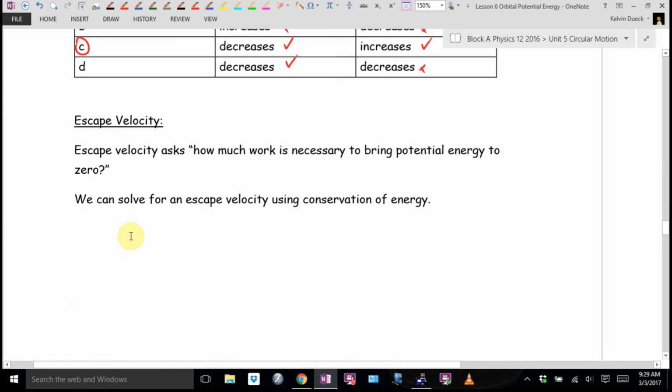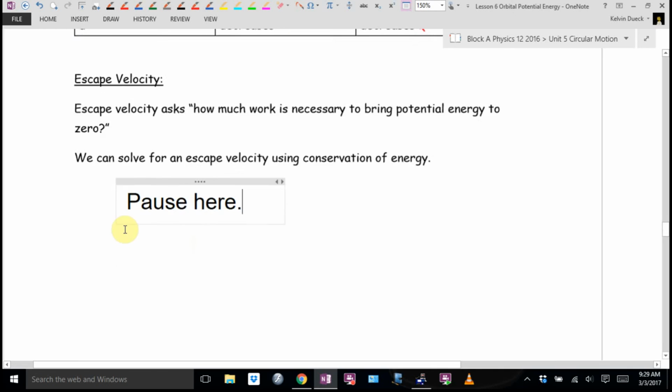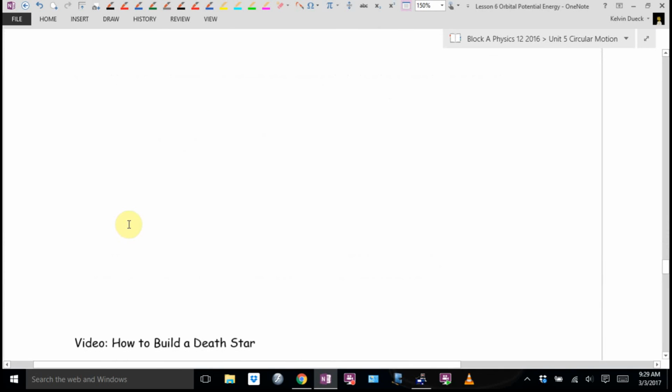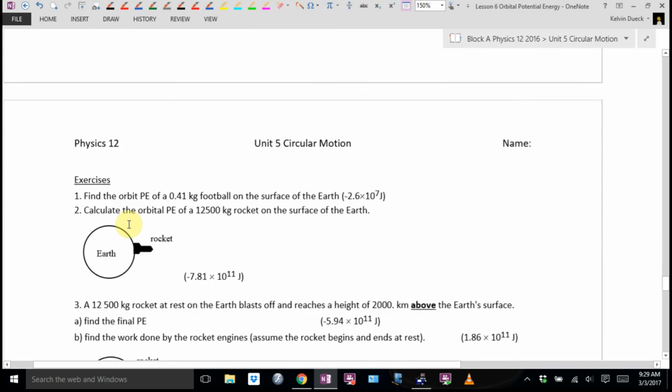Oh, I would love to do escape velocity, but we're going to pause here. This is cool. Man, I would love to teach you how to build a Death Star. We might get that in.